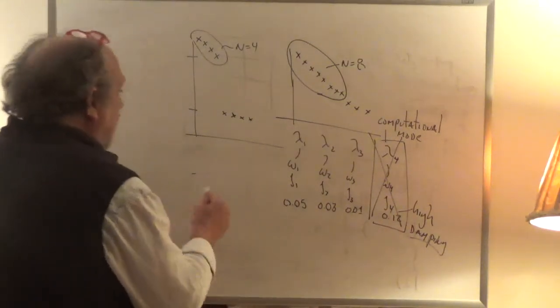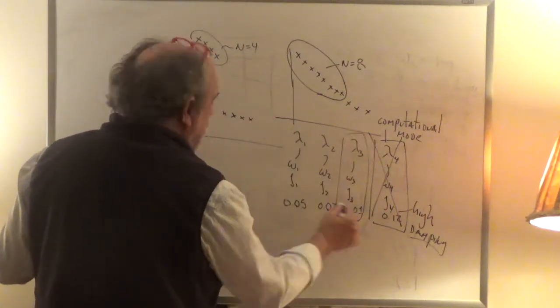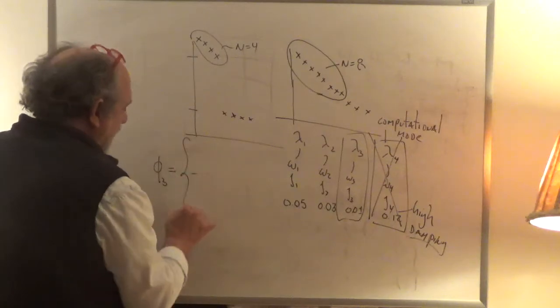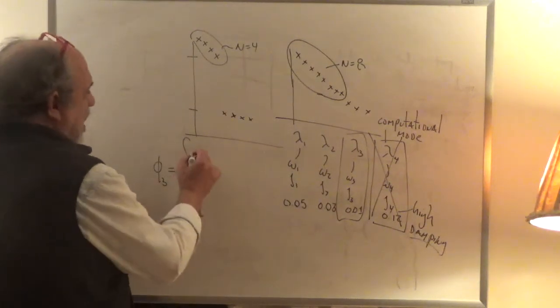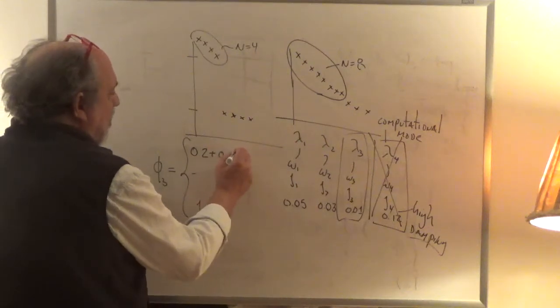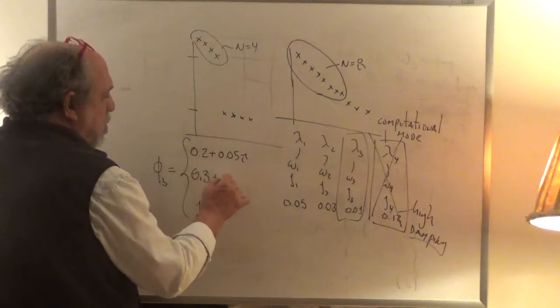But let's say that you found, even though this phi3 had a small damping, that when you did this, and this was the largest number, this number here was 0.2 plus 0.05i. That looks good. But this one here was 0.3 plus 0.2i.